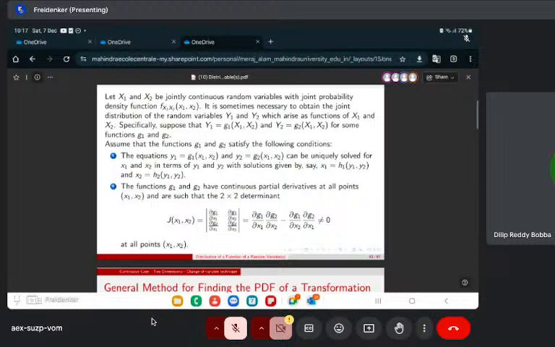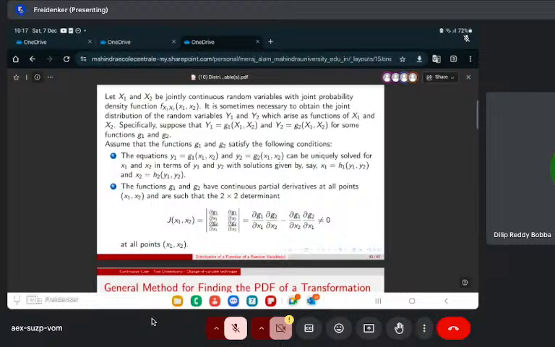Previously in the single variable case, we assumed g is differentiable and g is monotonic. Instead of that condition, we are assuming this condition. This is dealing with the increasing-decreasing problem that I just told you about.